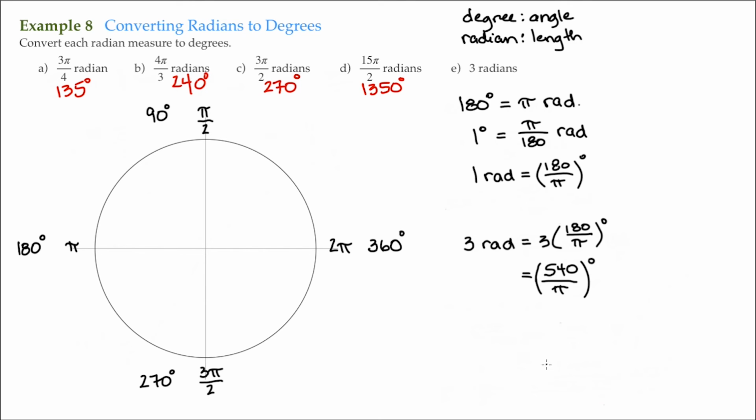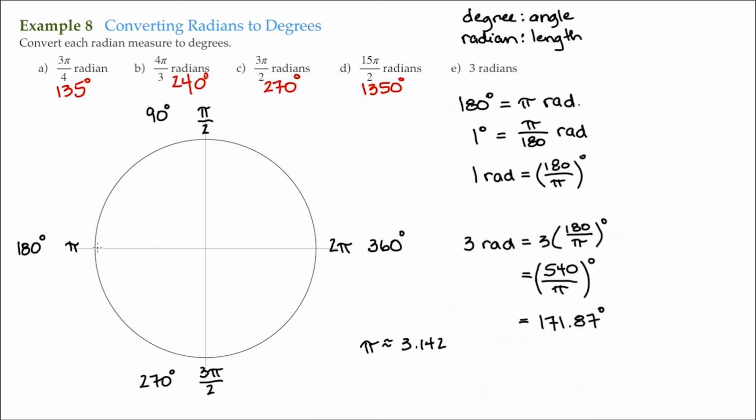Where is that on here? Very difficult to be able to tell. So pi, since pi is a length from here to here, we are talking about a length. Pi, we know, is approximately 3.142. So if I take 540 and divide that by pi, which as a length now is 3.142, then I come out with approximately 171.87 degrees.